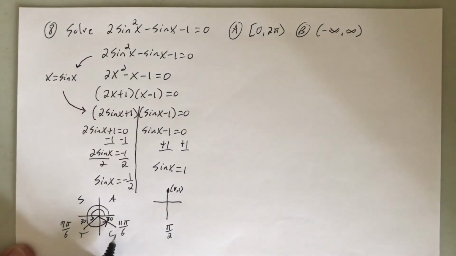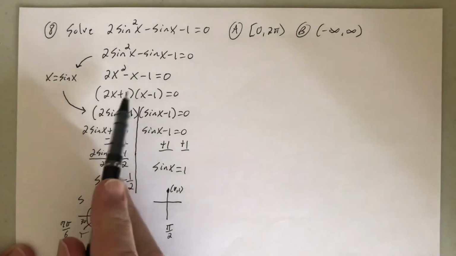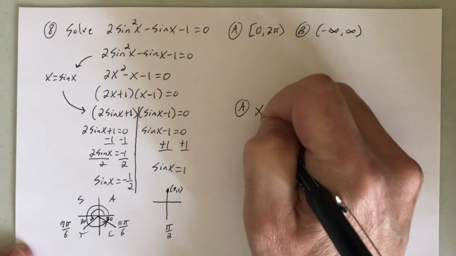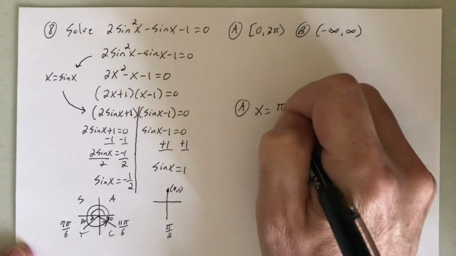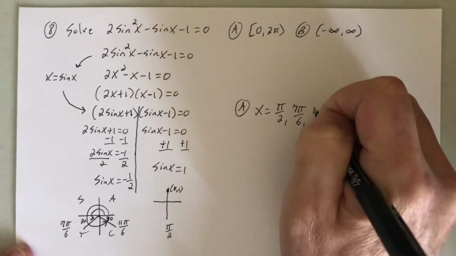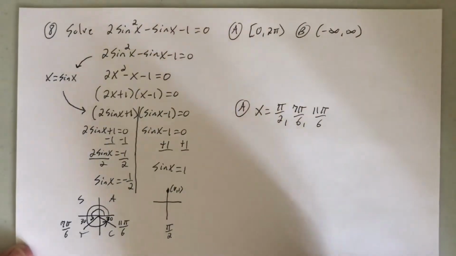So I have these three values that are solutions to this problem right here. For part A, x is equal to pi over 2, 7 pi over 6, and 11 pi over 6.